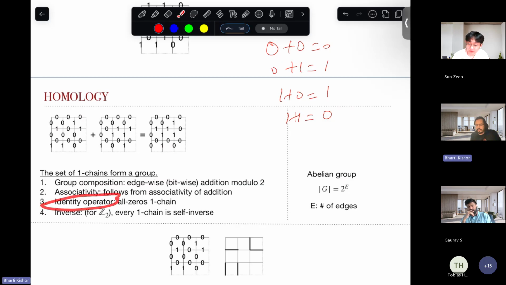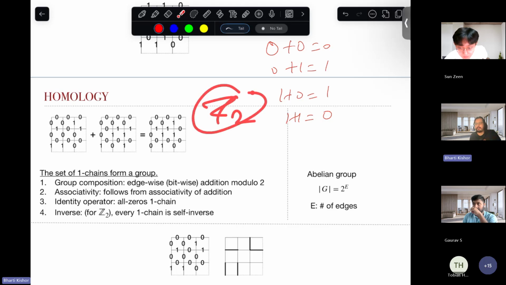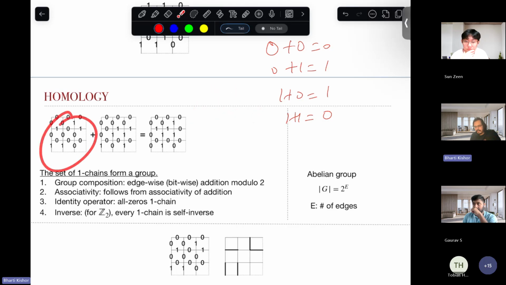There's an identity, which is the assignment of 0 to every edge, so it's an all-0 1-chain. Because when you add an all-0 1-chain to any chain, you get back the same chain. So it's an identity element. And there's an inverse also, because you're working with Z2, every element is self-inverse. So every 1-chain is self-inverse. So it's a group. And actually it's an abelian group.